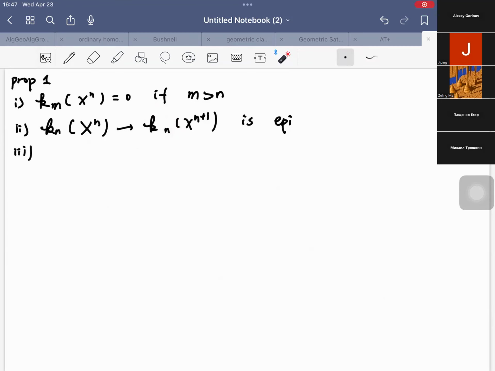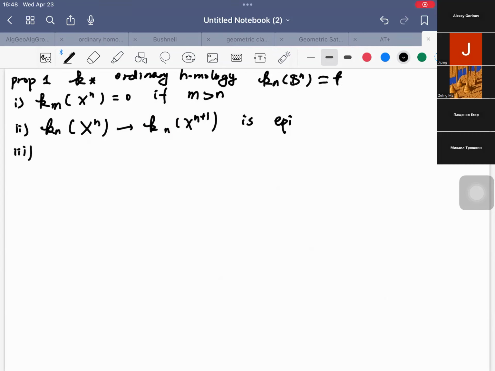Please note, everyone, that we assume here that k has this extra property, which means the cohomology or homology of the zero sphere is zero outside degree 0. Oh no, this is not 0. This is G. Sorry.